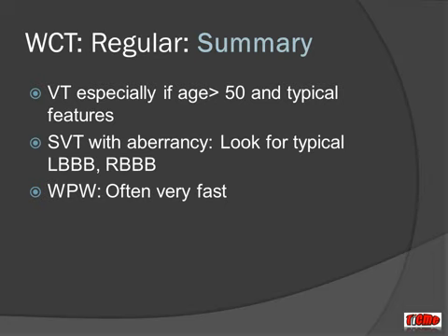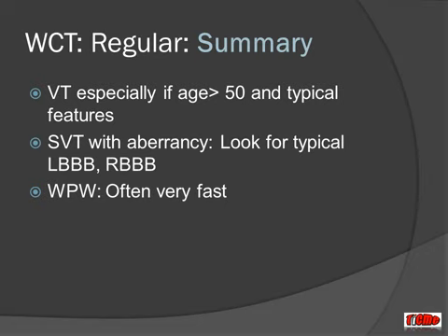To summarise regular wide complex tachycardia, most regular wide complex tachycardia is VT, particularly if age is more than 50, there is structural heart disease, or typical features on ECG. You can next have an SVT of any description with aberrant conduction, and remember, it makes it easier if you see a typical left bundle or right bundle branch block and that left or right bundle is seen on the resting ECG.